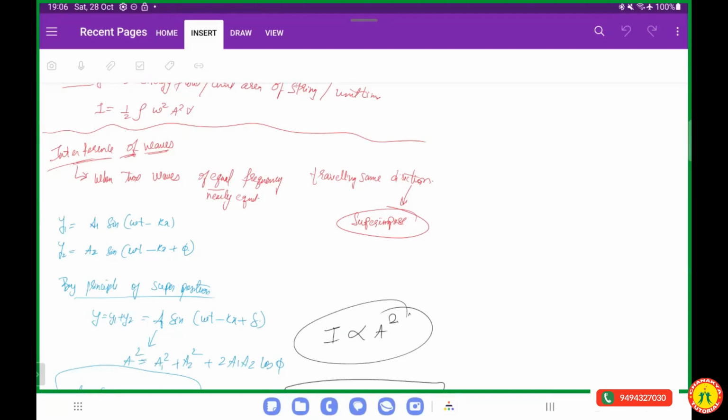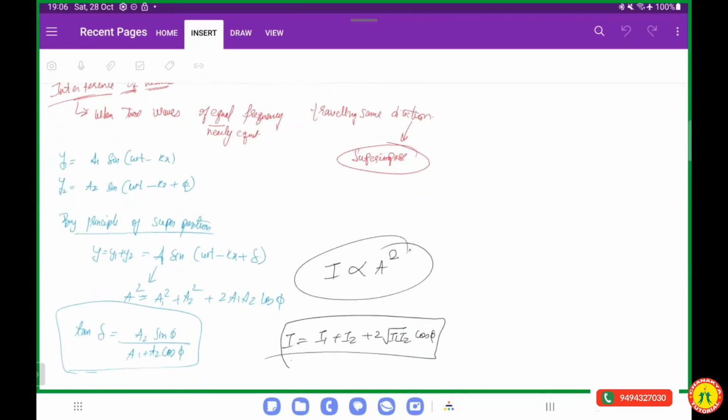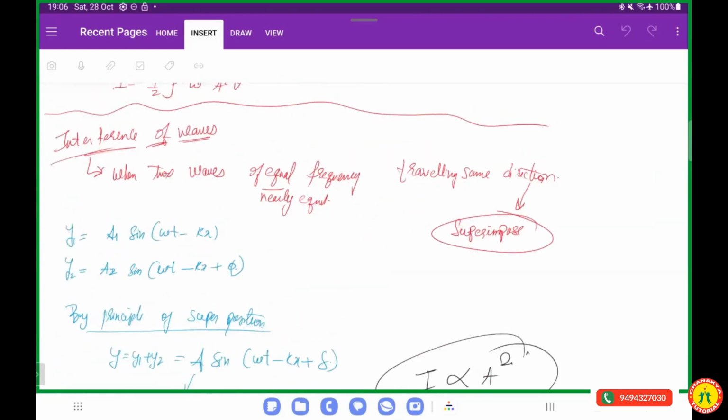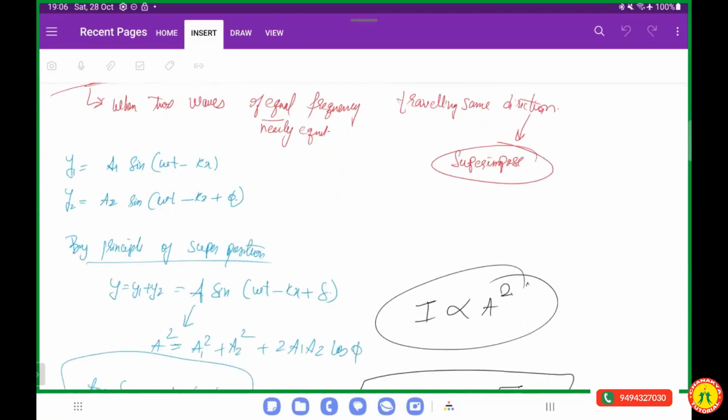Superposition of waves. Not necessarily just one or two waves, it can be more also. Two or more waves traveling in the same way, so they get superimposed.